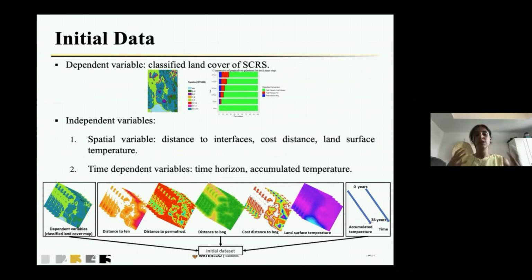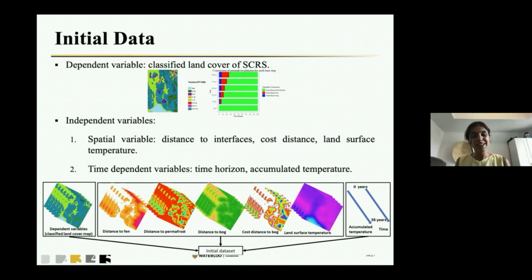So this is a spatial variable. And also we had cost distance to bog, because there is a phenomenon in discontinuous permafrost regions called bog capture, which is about instantaneous hydraulic connection of an entire bog to fen. And also there are 2 other time-dependent variables, which are time horizon and accumulated temperature.